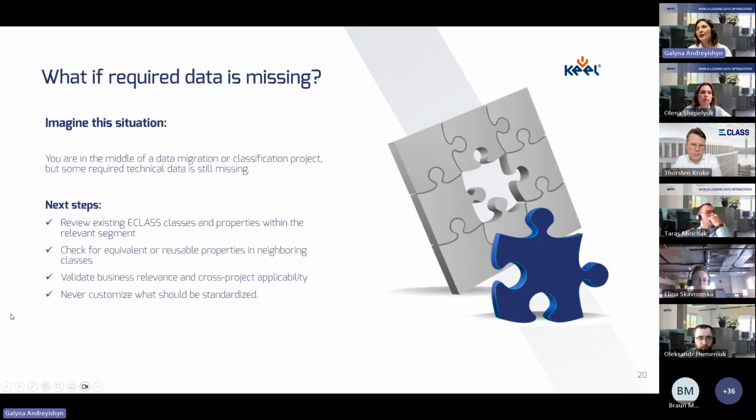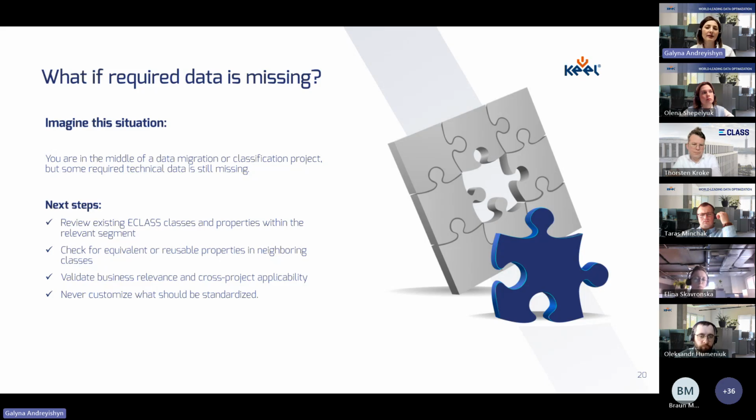The next slide. What if required data is missing? This is not an unusual situation in practice. The first step is not to create something new immediately. Instead, please review existing ECLASS classes and properties. You can also contact ECLASS representatives.